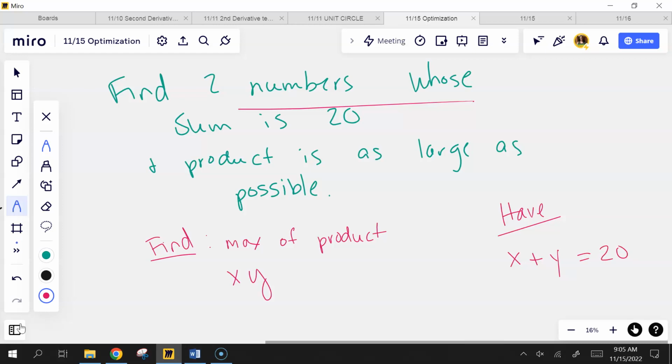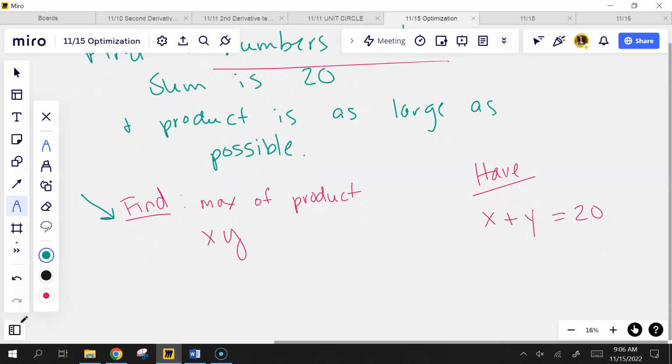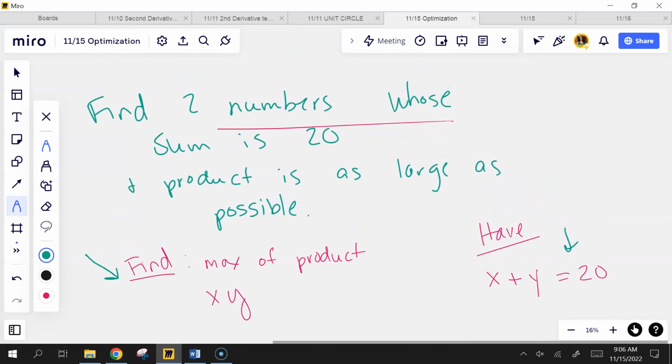Okay, so I'm going to use the equation that I have to find the max or the min of, but I need that to only be in one variable. So what I have to do is take what I have here, solve it for one of the variables, plug it back into the function that I'm maximizing, and then I can go through and find the maximum. The only thing they gave me was what's in green.